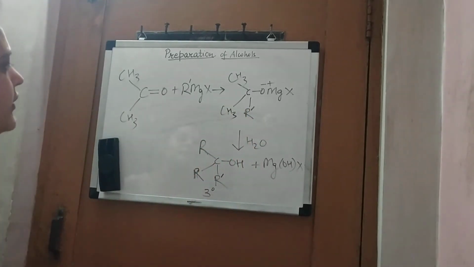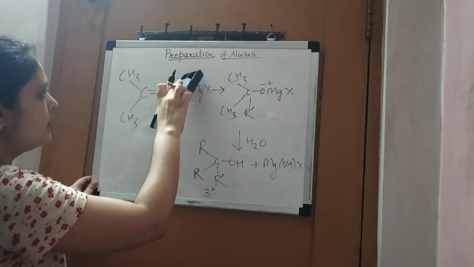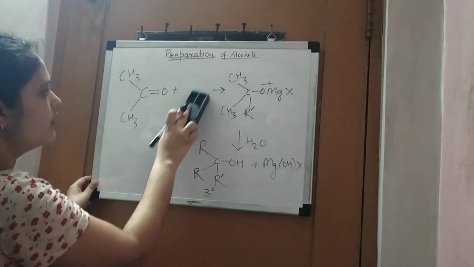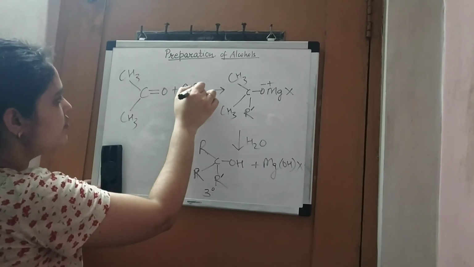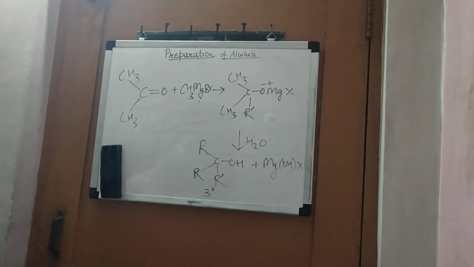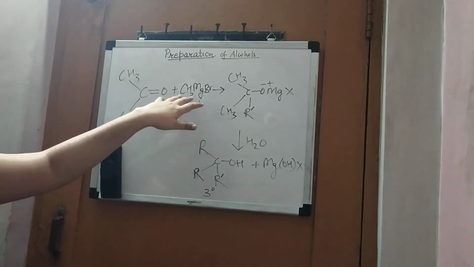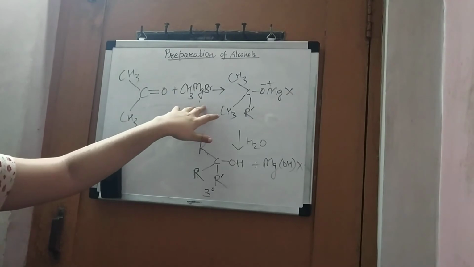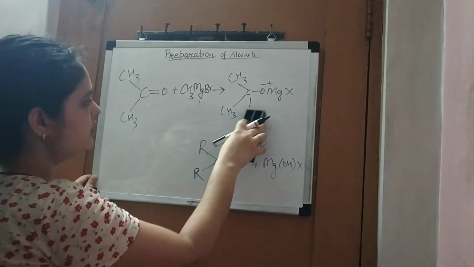If you are taking R' as CH3 MgBr, that is, you are taking the Grignard reagent methyl magnesium bromide, right? So what will be formed?